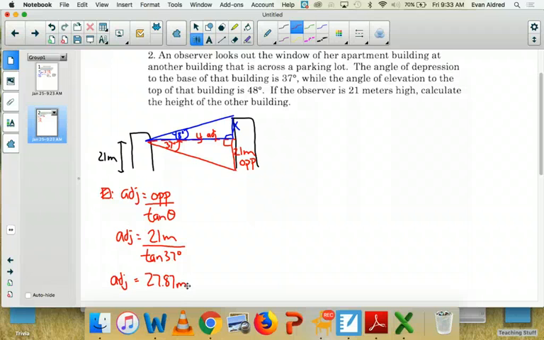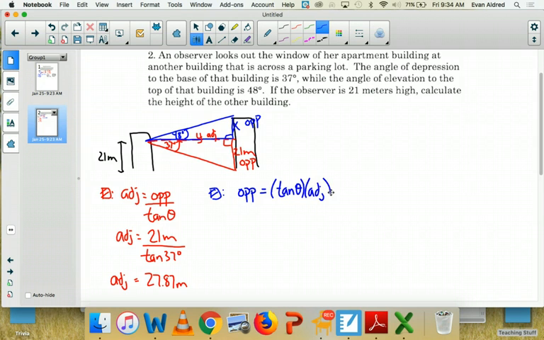But now we have that link that will allow us to solve our blue triangle. So we just found the adjacent side of the blue triangle, which means that the spot we've labeled as x, the vertical leg of the blue triangle, will be opposite. So if we're solving that, we're again using the tangent ratio. We know adjacent, we want opposite this time. And opposite is equal to tan of theta multiplied by adjacent.